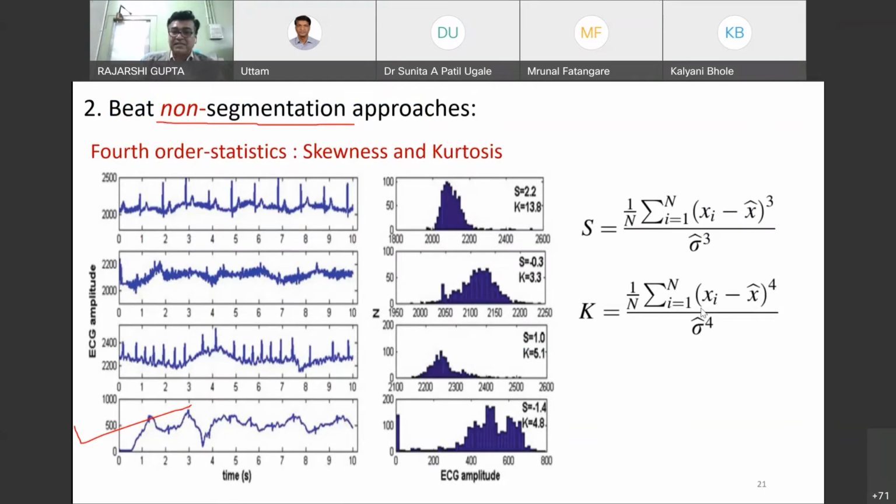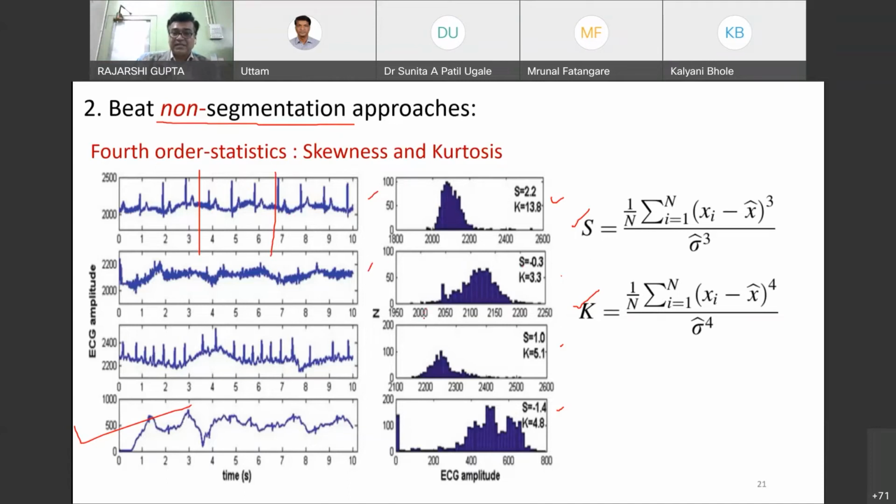For those cases in the literature, skewness and kurtosis are two parameters which are found very useful. In some older literature, maybe between 2005 and 2012, many approaches plotted the distribution, and then from the skewness or kurtosis, say you take every 3-second data, chop it, and then plot the samples as a distribution.